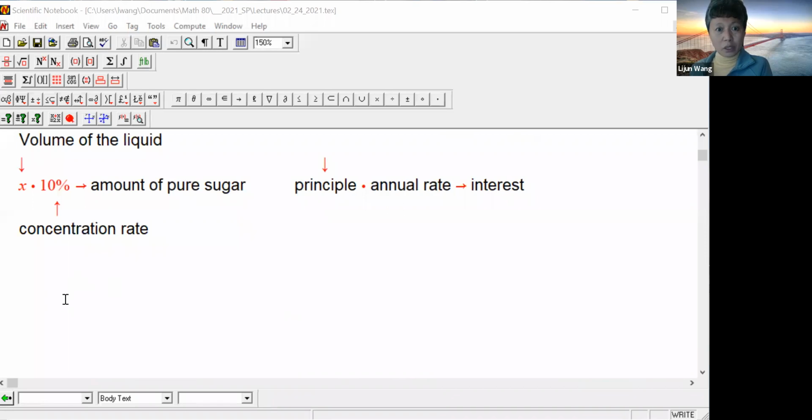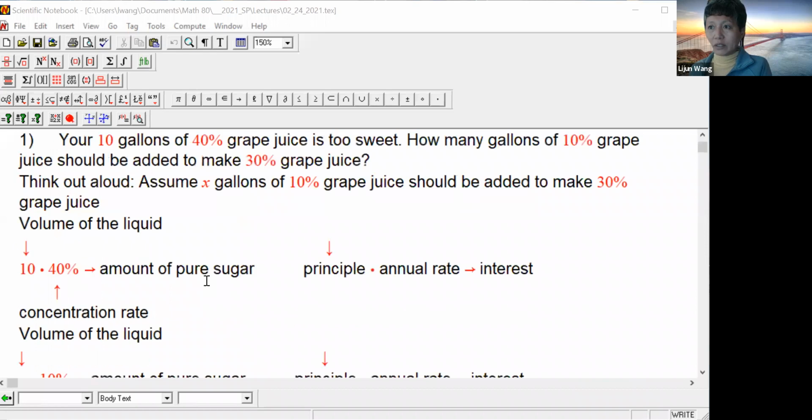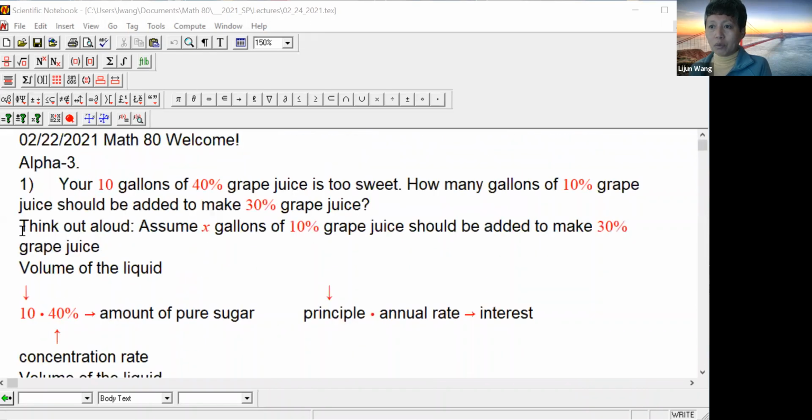Another way to organize our work is by table. Remember all of these we're doing here, what are we doing? We're doing think out aloud. We're doing this work on scratch paper. Do you turn in your scratch paper in your English class? Unless it's required, right?